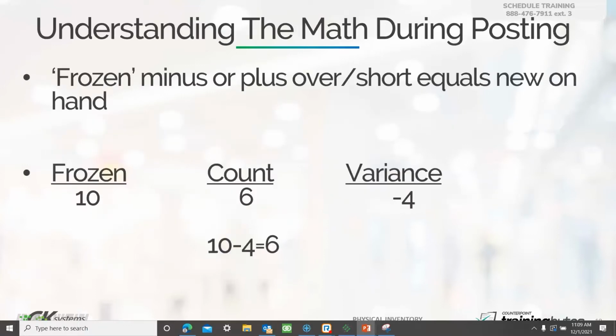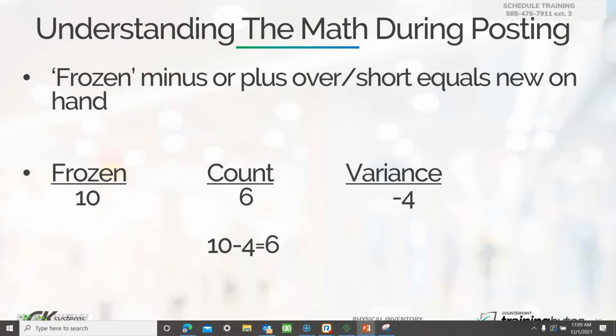I want to talk to you about the actual math Counterpoint is doing when you post the inventory. And again, we're going to come back to that word frozen. Okay, remember the snapshot. What Counterpoint does when you're posting is it looks at that frozen value, it looks at the variance, and it does the math.